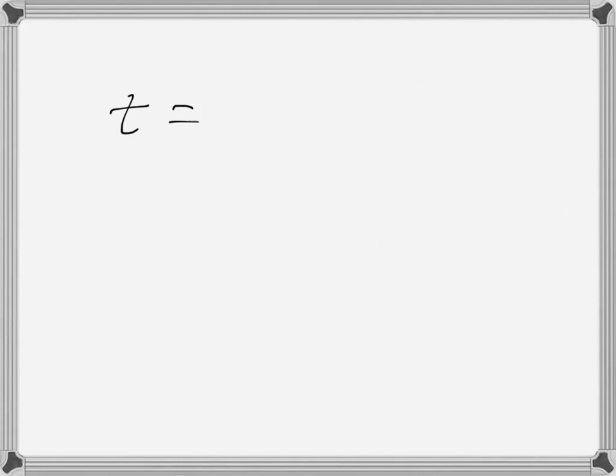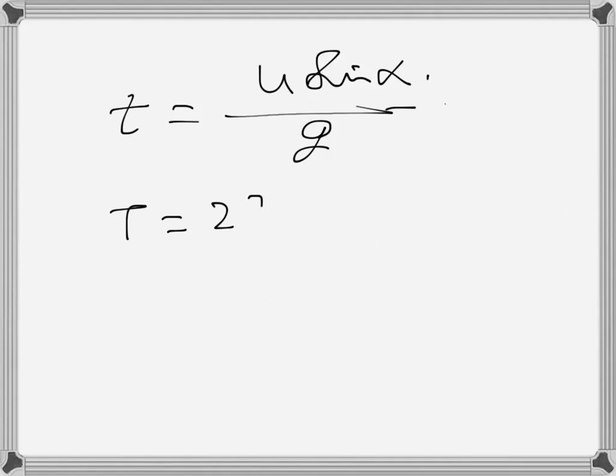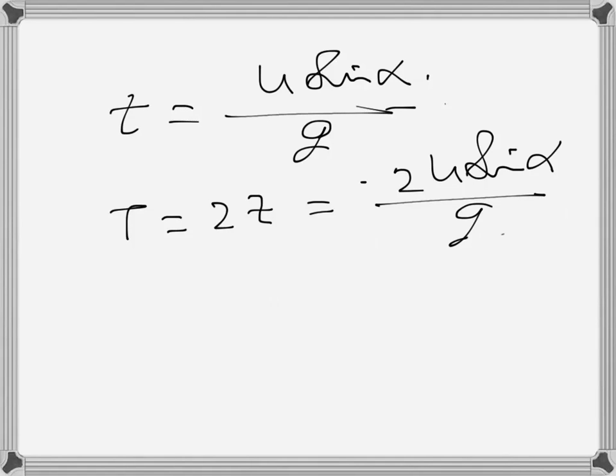So t can be found from here: u sine alpha over g. That will be the time here, and the total travel time will be twice that, so 2u sine alpha over g.